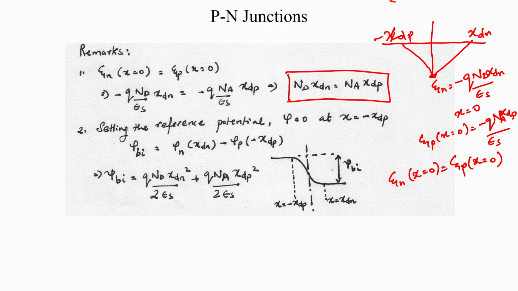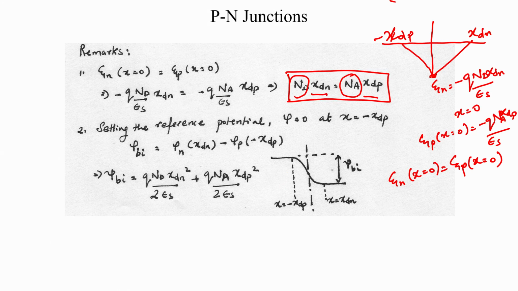It means that if my dopant concentration is large, let us say Na is much larger than Nd, it says that xdp is going to be much smaller than xdn, which means it takes a lot less distance for me to shield all the field, because my charge concentration is very large.